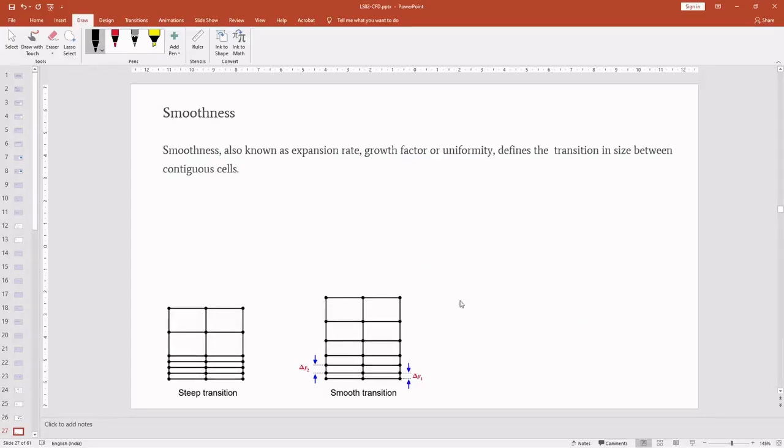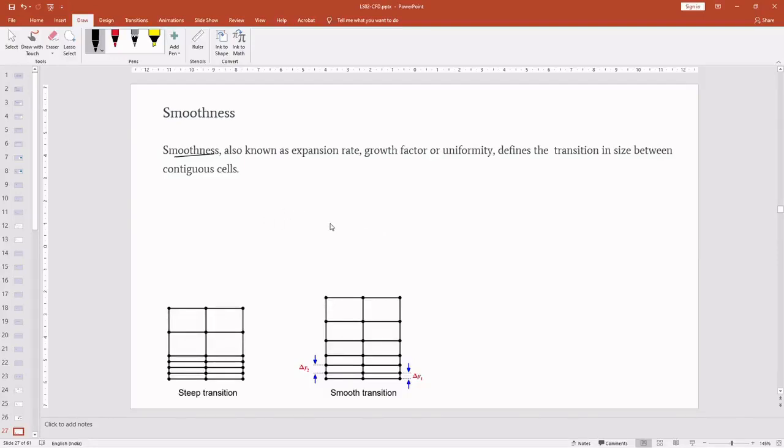Next one is mesh smoothness, or growth factor, or expansion factor. So how smooth is the transition? By the word smoothness itself, you can understand what it means. Smoothness is how smoothly the transition happens.